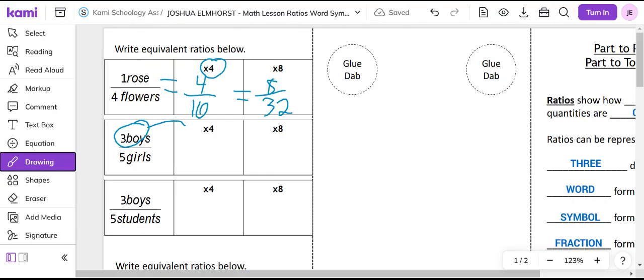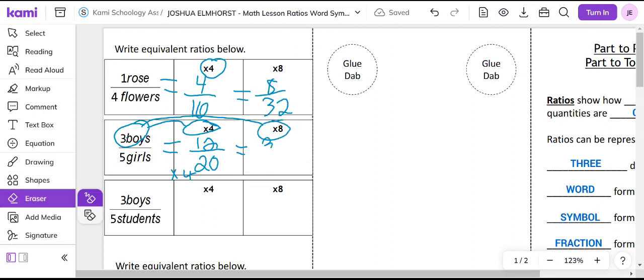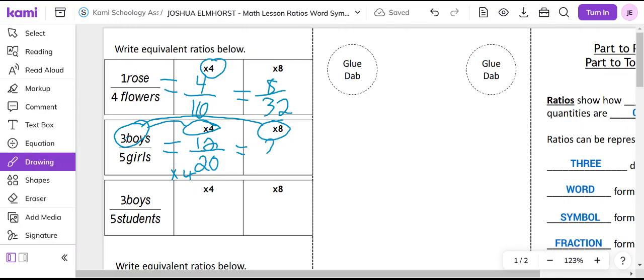So times 4, got 12 over 20, and that would be equal to times 8, 3 times 8, which is 24, and then 5 times 8, which is 40.